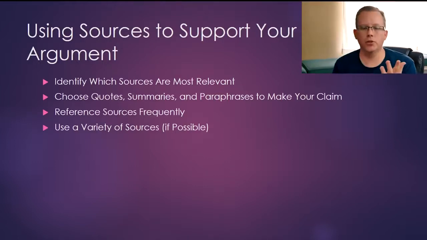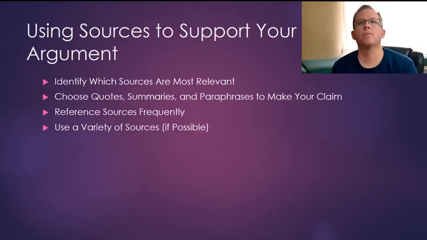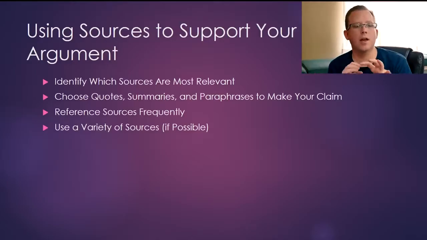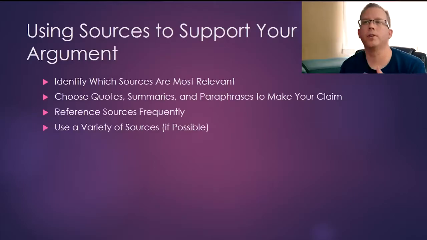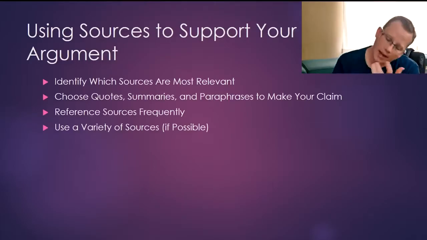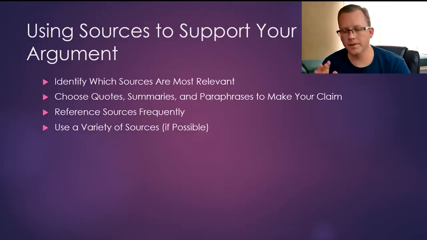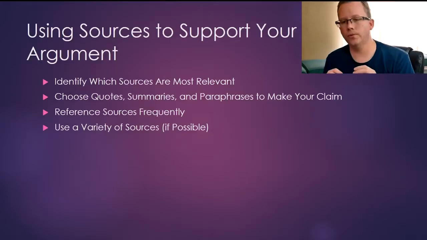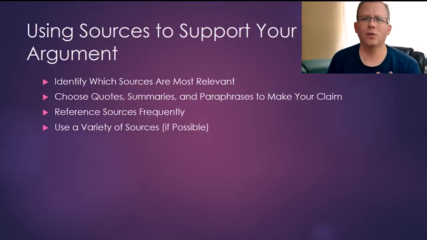Once you've done that, then you can choose the quotes, the summaries, the paraphrases from each of these sources that best represent the source, but that help you to make your claim best of all. And as part of using your sources effectively, you need to not overdo it, right?